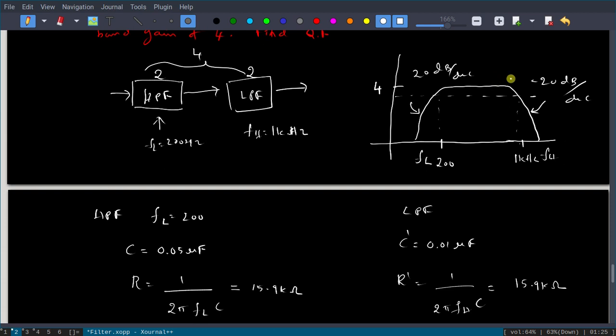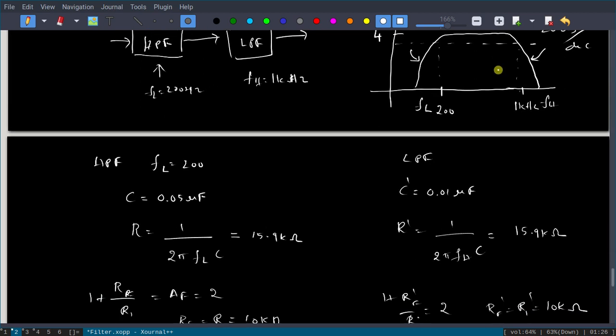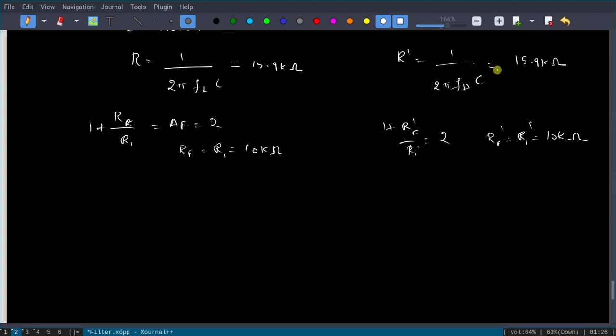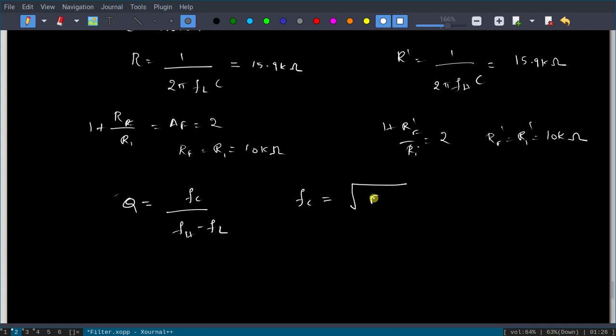And the question may be that you have to find the quality factor also. There is one formula you have to use. The quality factor is calculated as FC divided by FH minus FL, where FC is the center frequency, which can be calculated by taking the square root of FH and FL. If you take the product of FH and FL and find the square root, you will find FC. For this one, it is the square root of 200 into 1000.